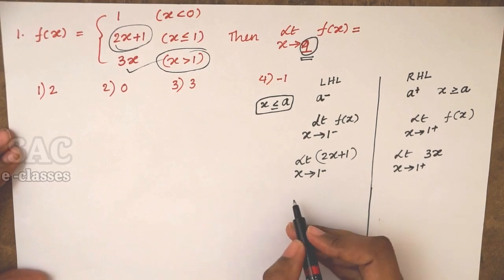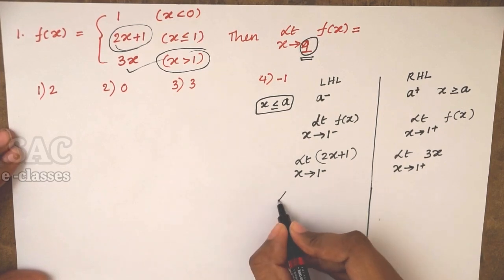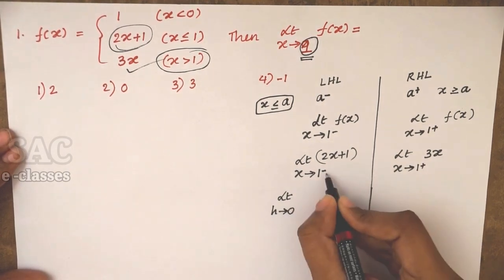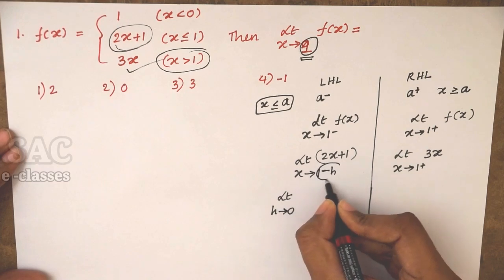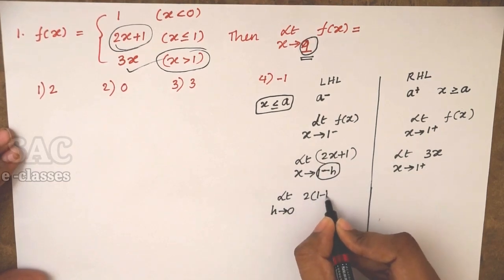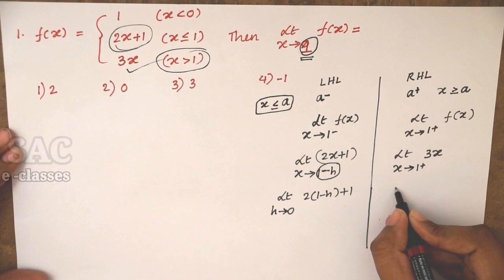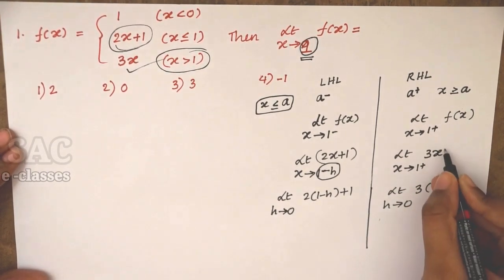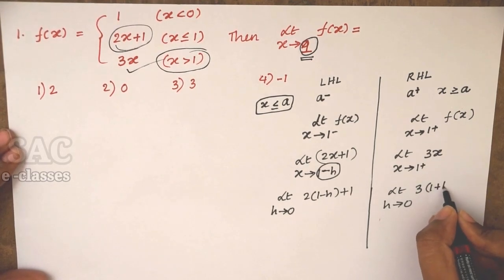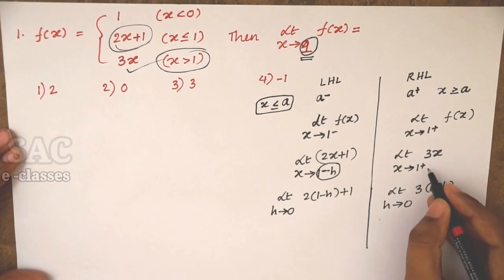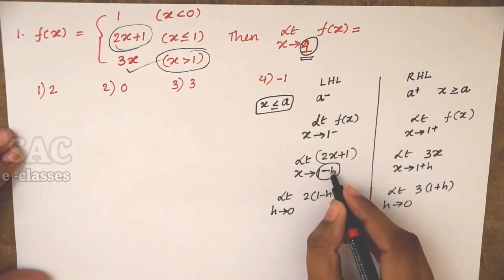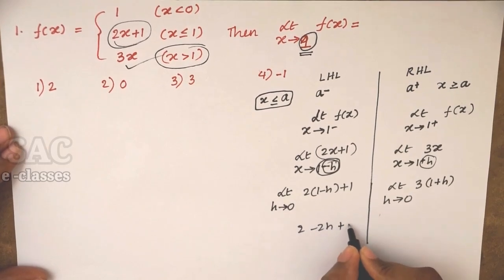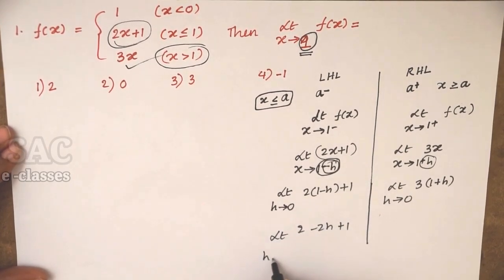The usual procedure for evaluating the left hand limit and right hand limit is to use h, taking x as 1 minus h. So 2 into 1 minus h plus 1, limit h tends to 0. For the right side, wherever x is there we write 3 into 1 plus h. That gives 2 minus 2h plus 1, limit h tends to 0.